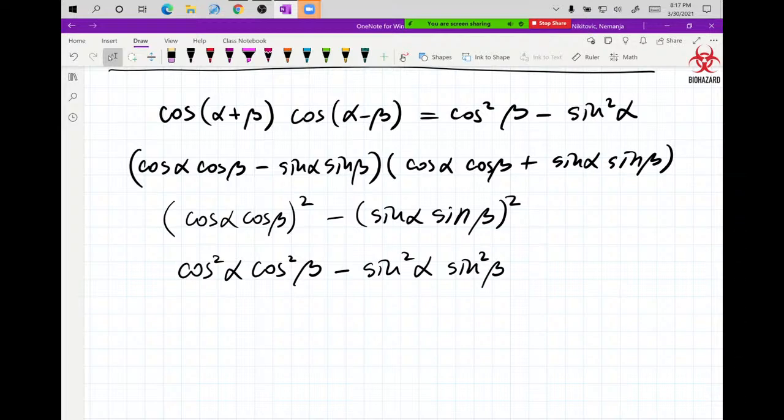So factoring cosine alpha didn't work. Same thing would happen if I factor out sine beta. I'll just have a tangent over there. I mean cotangent, cosine over sine. So that didn't work.